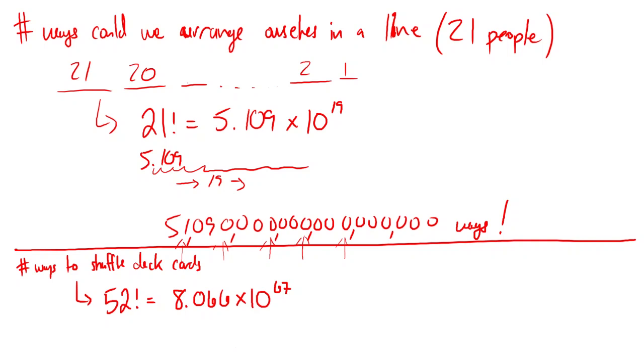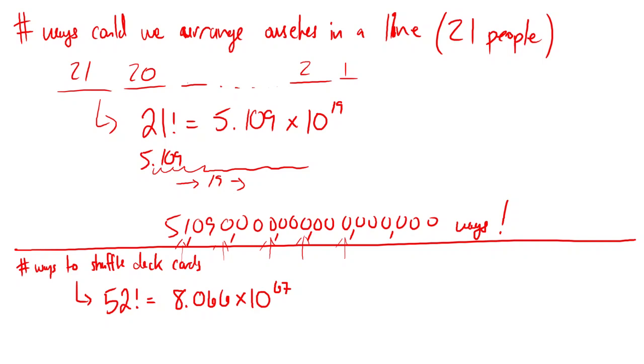So think about this. Do you think that every single possible order of a deck of cards has ever been achieved? I bet it has, because people just shuffle. Well, think about it this way.